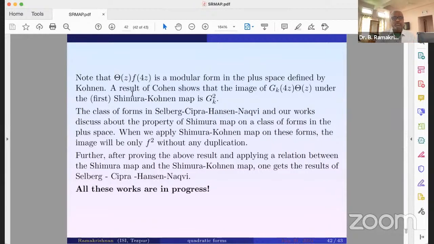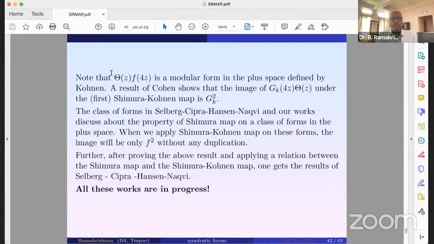But if you look at the result of Cohen, which appears in Kohnen's paper, he also talks about a similar one. You take G_k, the weight k Eisenstein series, multiply by theta, and then if he applies the Shimura-Kohnen map, he shows that it is G_k squared. So there is a difference here.